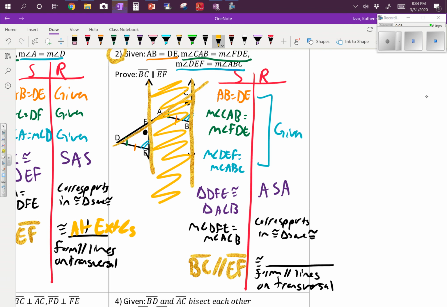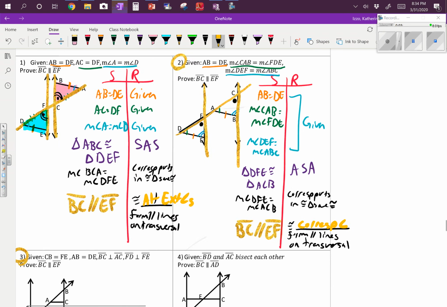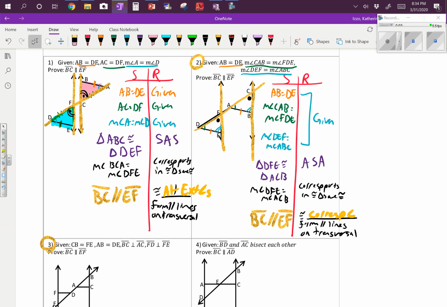Are they both outside my parallel lines? One triangle's inside, one triangle's outside. So that would be form congruent corresponding angles. All right, so that's how we do number 2.